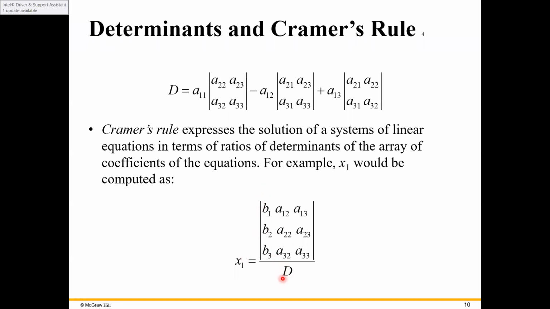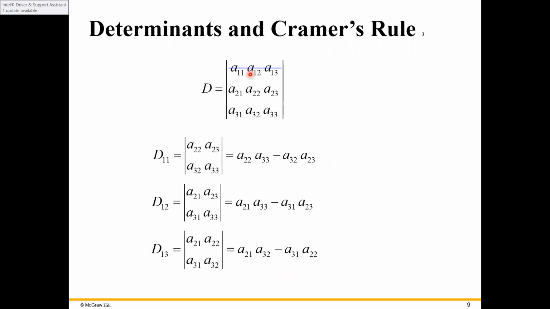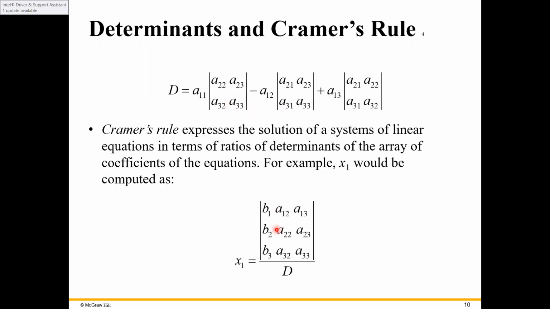This determinant D is the determinant of the main coefficients, that is this one, and that determinant will be in the denominator.